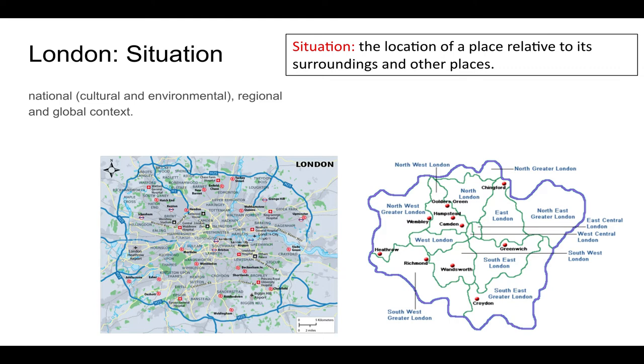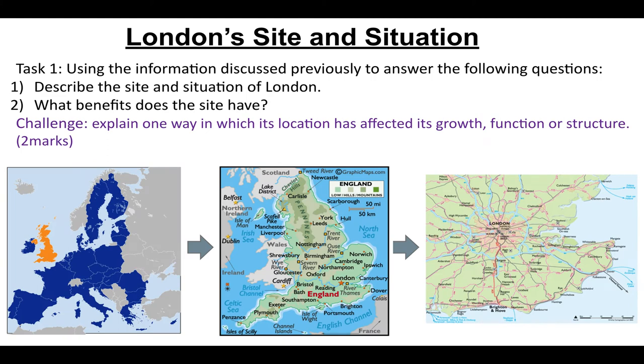So on your worksheet, I want you, having heard that explanation, having seen these maps, to describe the site and situation. You have the definitions of what they are. The difference between them is that the site is the physical aspects of where London is physically. What physical features do we find there? What is the land like, perhaps?